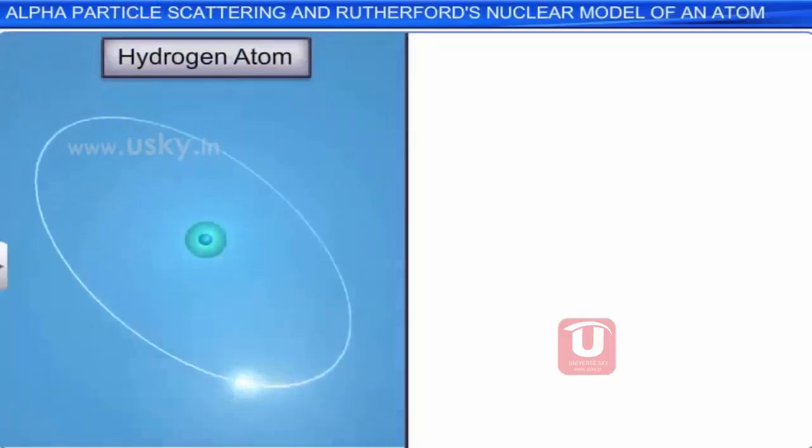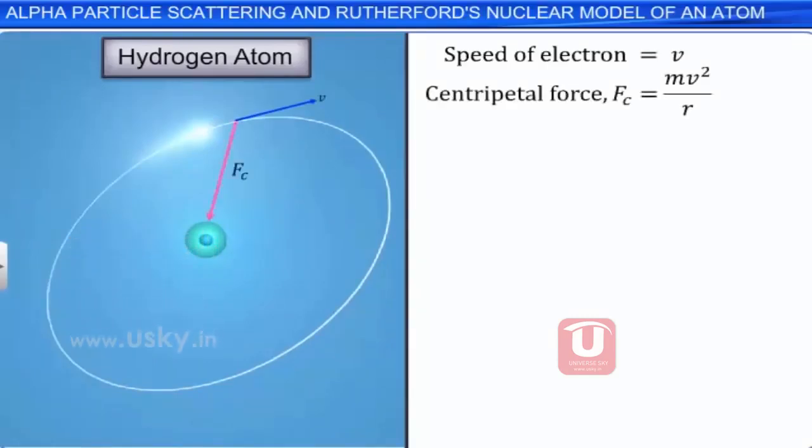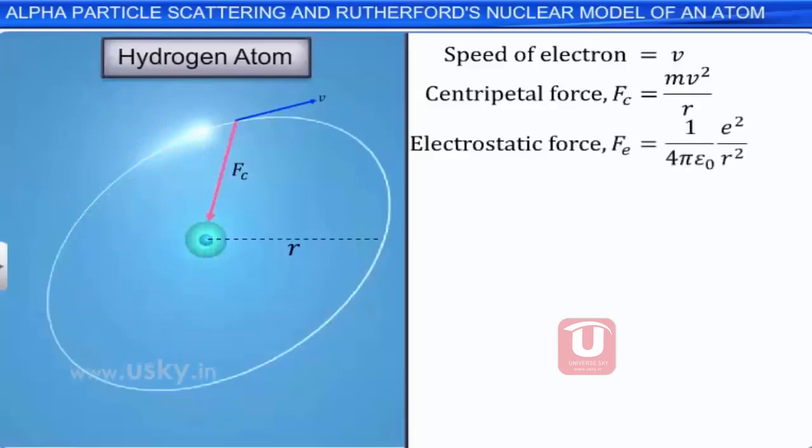For the electron revolving with speed v, the centripetal force Fc is equal to mv squared by r. The electrostatic force of attraction Fe between the electron and the proton in the nucleus of the hydrogen atom, separated by a distance r, is given by Fe is equal to 1 by 4 pi epsilon naught into e squared by r squared.